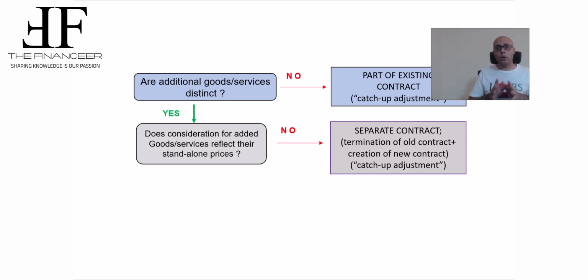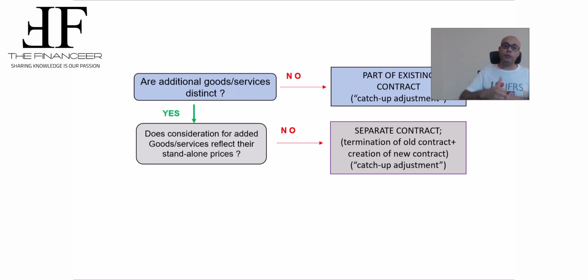And why all of that? Because the additional product and services are being sold at a price that is different from the standalone selling price today. And this price might be related to the fact that we have an original product before with the customer. So in this case, you have to consider the additional product and services and the remaining product from the original contract as being one new contract.